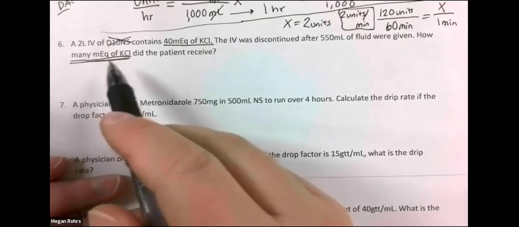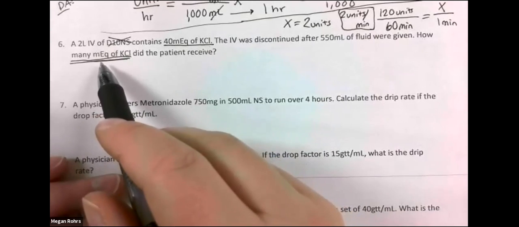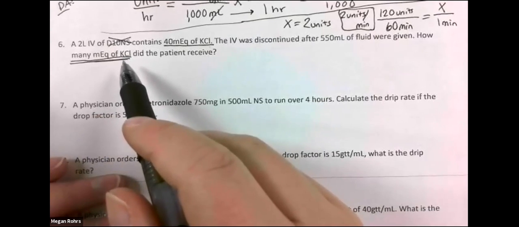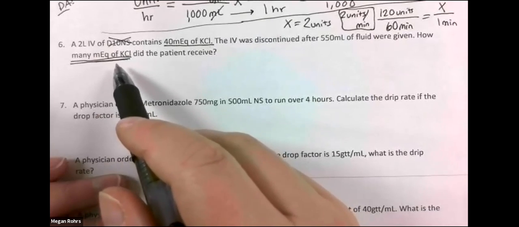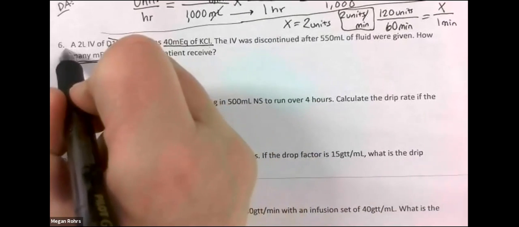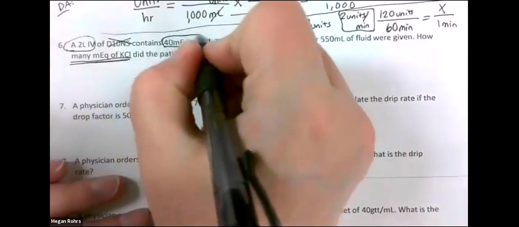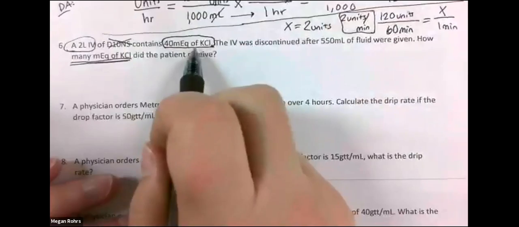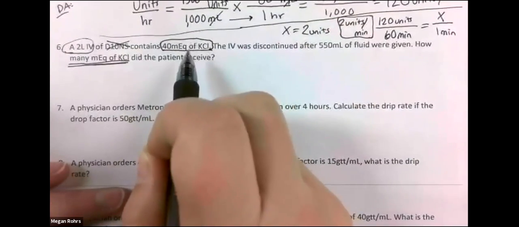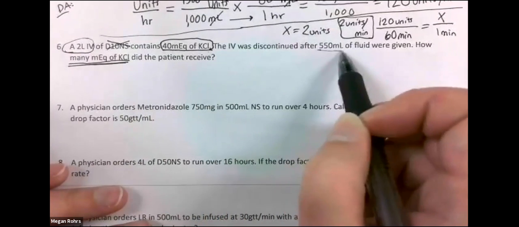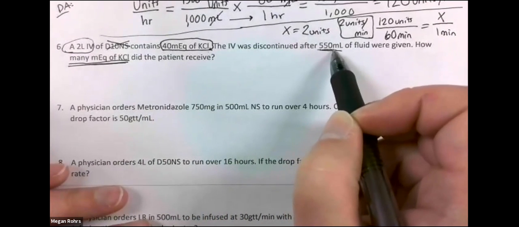So now we know that we're looking for milliequivalents of potassium chloride, okay? So we know that the IV has a total of 2 liters, and in that 2 liters, there are 40 milliequivalents of potassium chloride. We also know that the patient only received 550 mils of fluid.